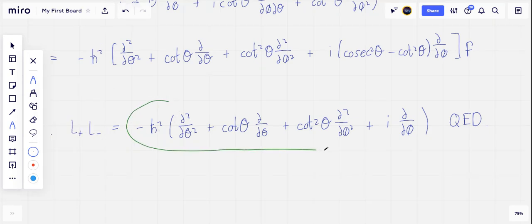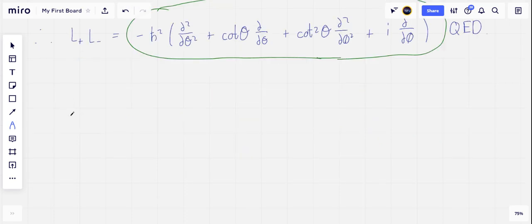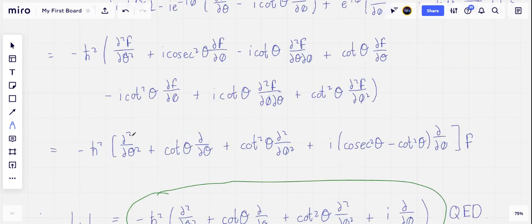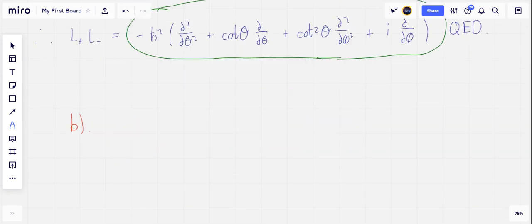So that's the proof for part A as required. Now for part B, we want to show an expression for L squared as given. And we want to use the equations that are listed in the problem to derive this equation.